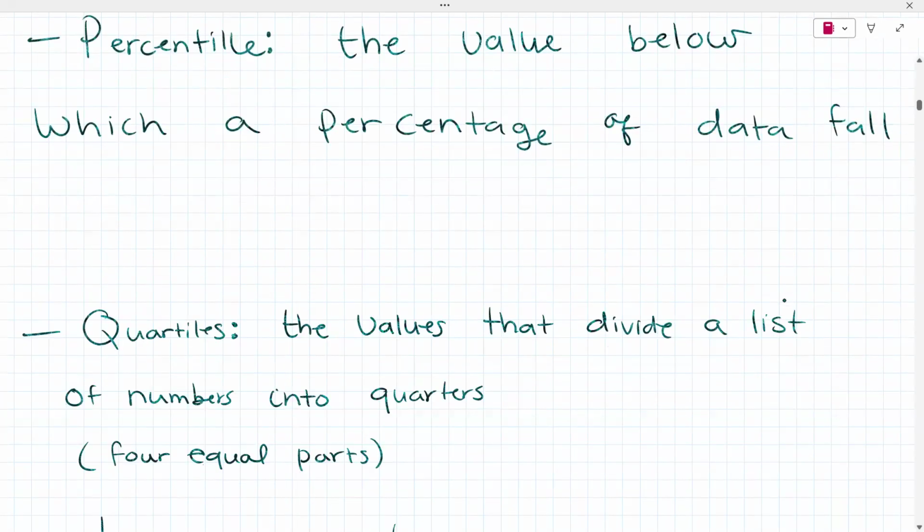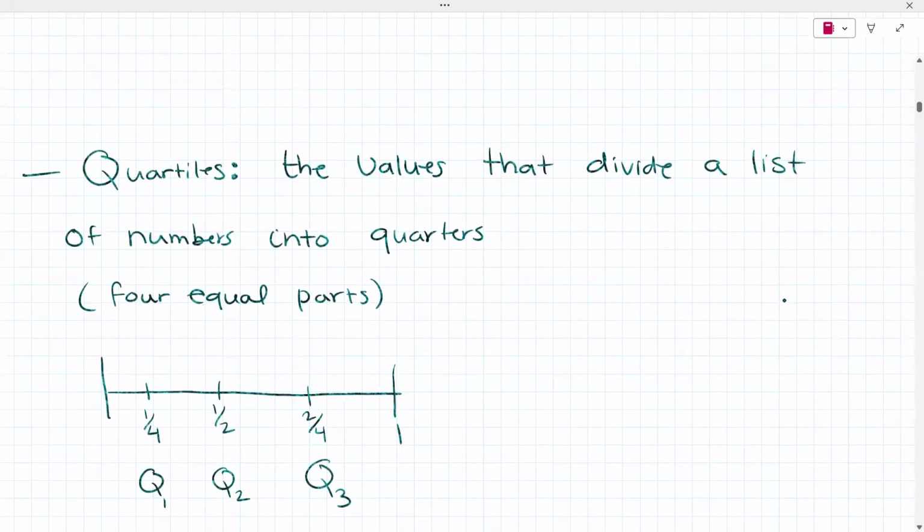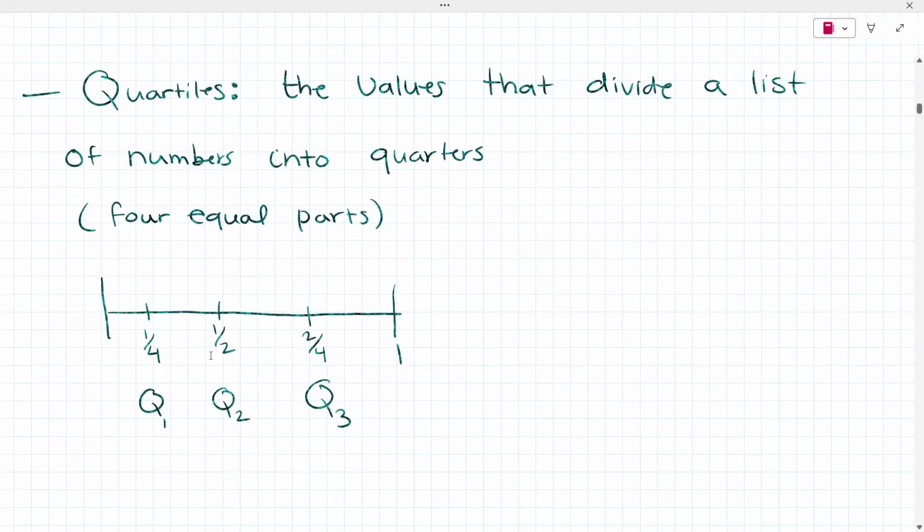Quartile is important when we're doing the box and whisker. Quartiles are the values that divide a list of numbers into four equal parts, so there is quartile 1, quartile 2, and quartile 3. I'll explain that more in the box and whisker.